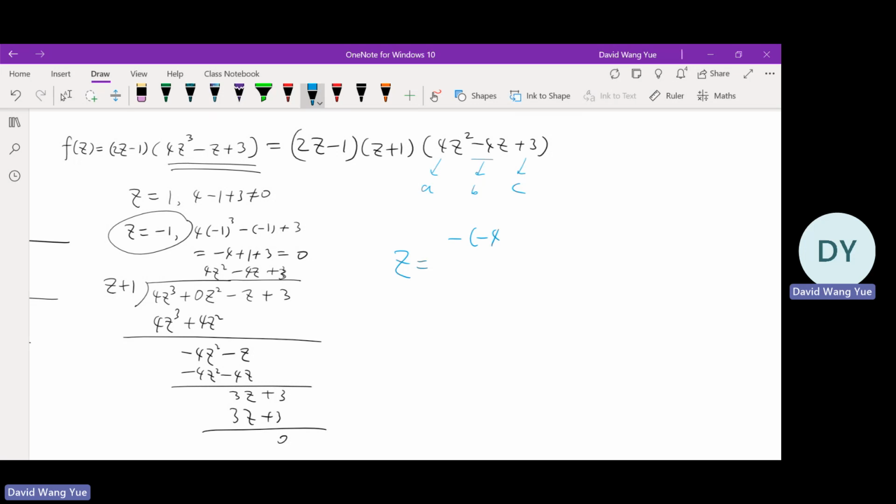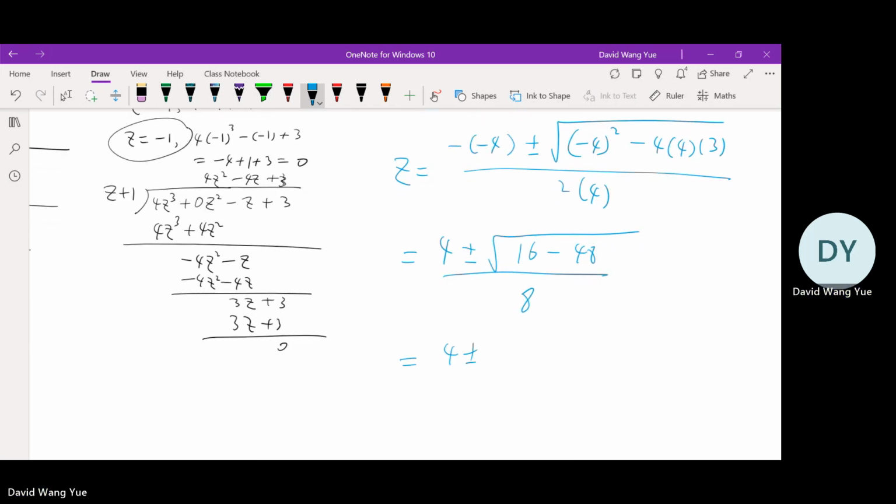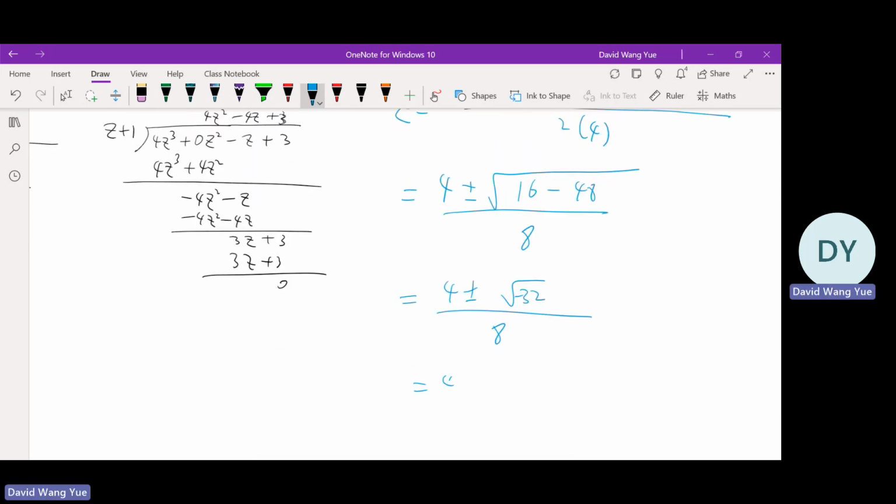So minus b plus minus root of b squared minus 4 times a times c, over 2a. 16 minus 4 times 3 times 4 is 48. Minus 32. So it is 4 plus minus root 32 times root negative 1.